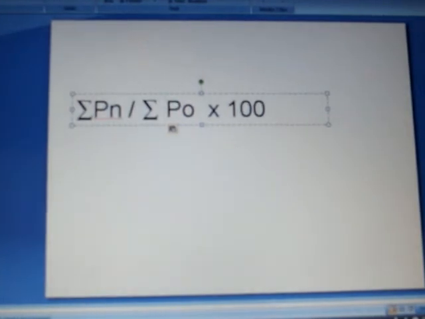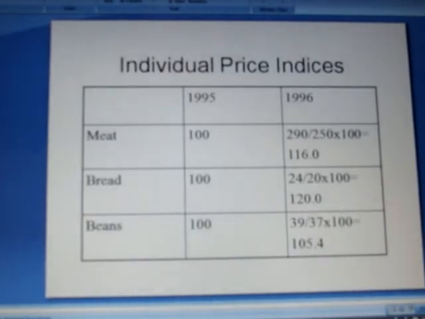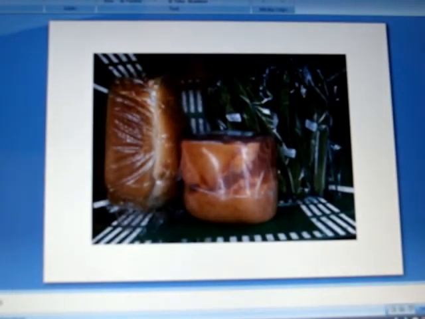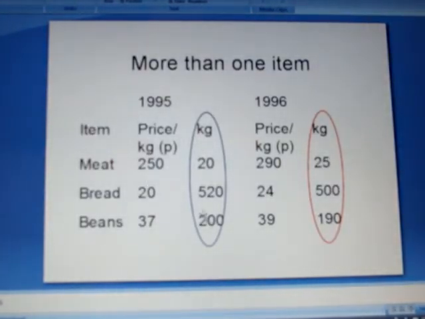This will give us a price index, but remember, this will be an unweighted price index, because here we are not considering the different quantities that people are buying in 1995 and 1996.